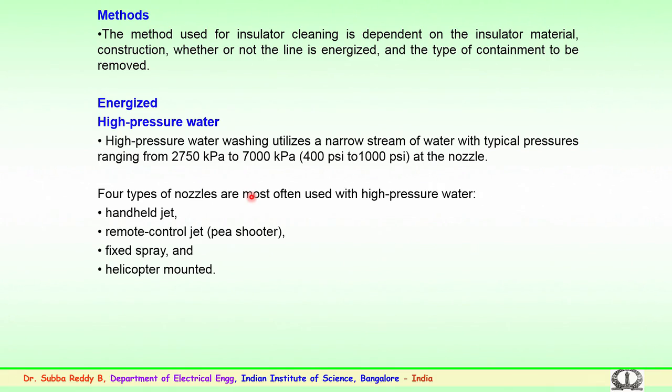They normally employ handheld jets, remote control jets, fixed spray type arrangements, and helicopter mounted nozzle jet arrangements. These are the types of nozzles and the various pressures adopted during energized, live line maintenance conditions.